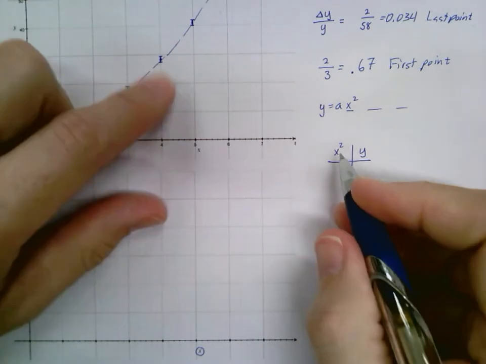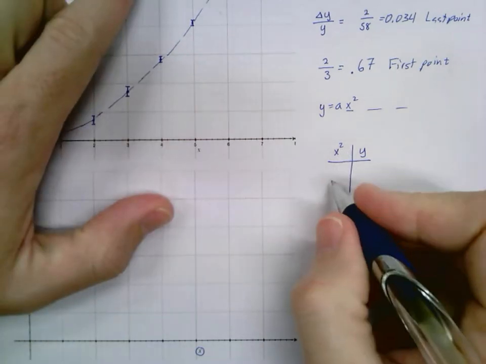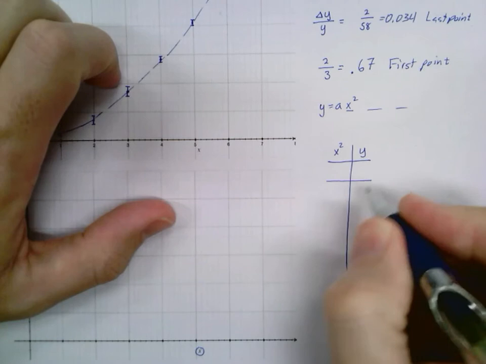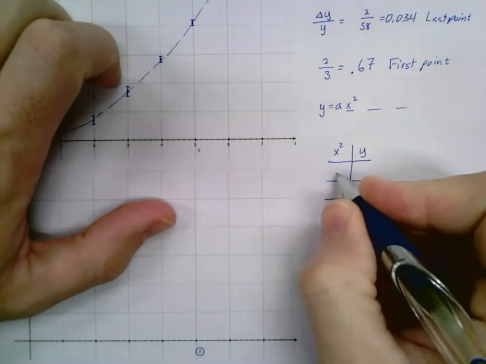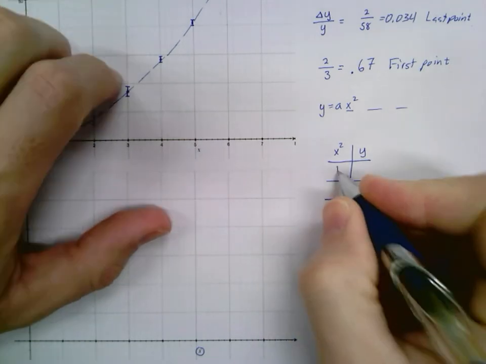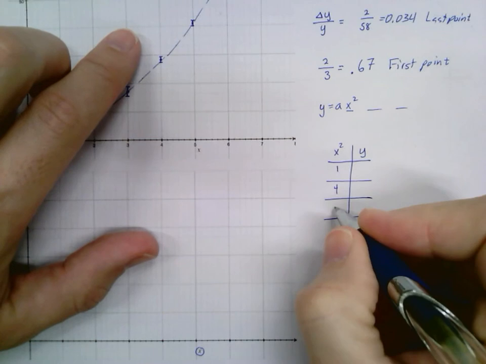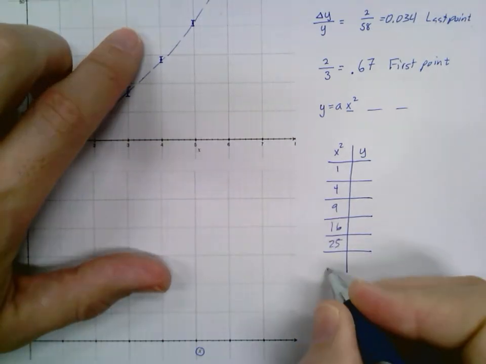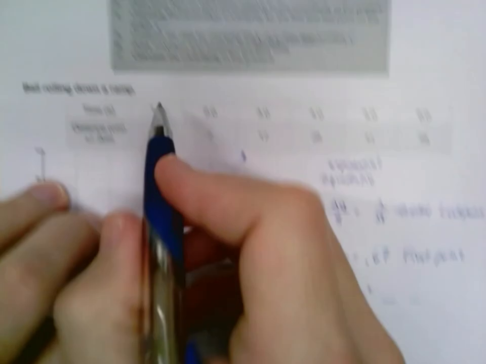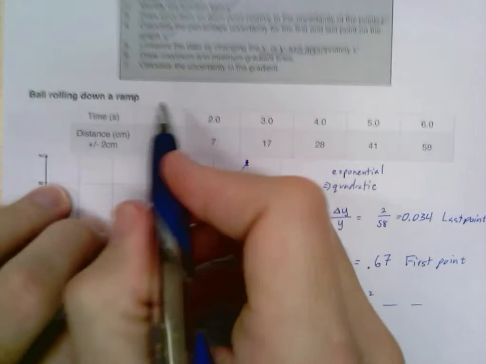The original times were 1, 2, 3, 4, 5, and 6. So x squared would be 1, 2 squared would be 4, 3 squared would be 9, 16, 25, and 36, right? Those are just the squares of the times that I originally had.